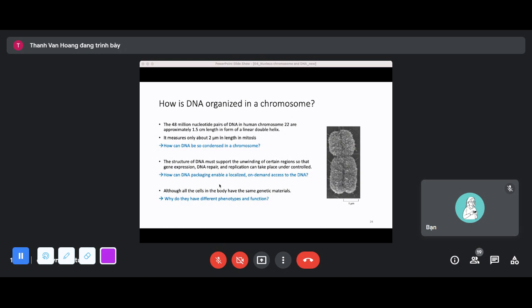The last question is that, as I mentioned, all the cells in our body have the same DNA structure. We have the same hereditary information. How can each cell know what its function is and what it should do, right? It's not that easy. If the DNA is the same, what is the difference that we learn in these sections?